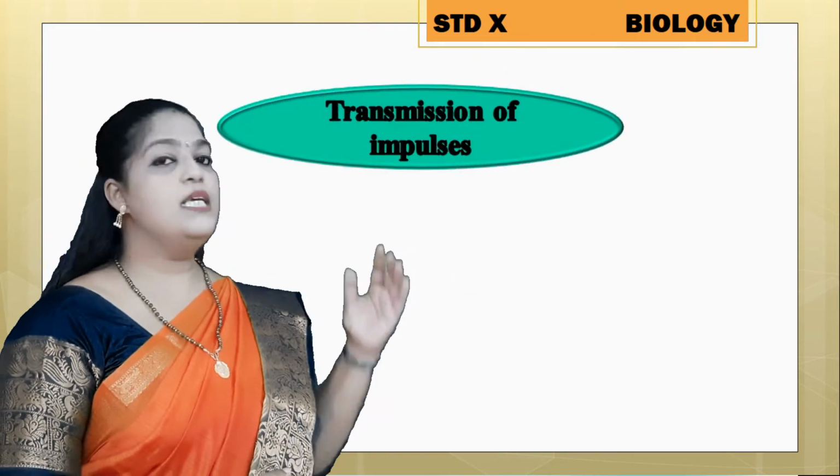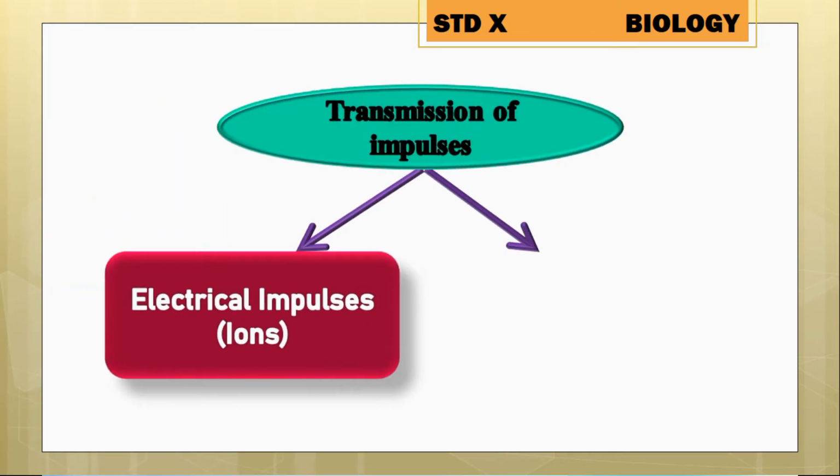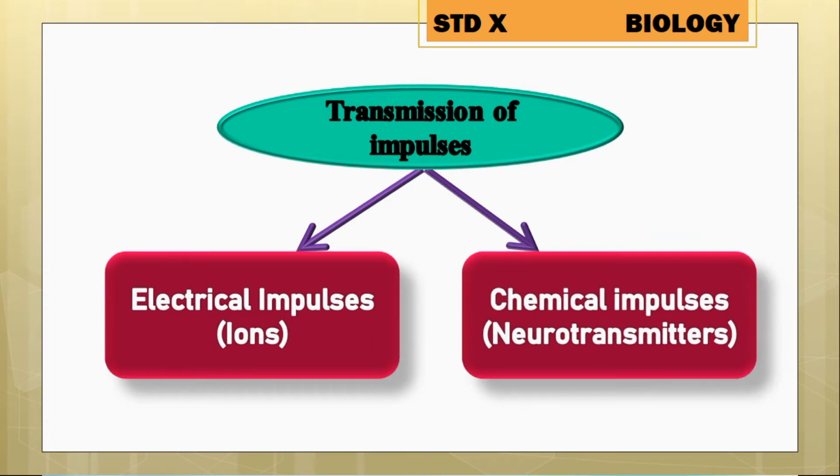Impulses are transmitted through neurons in two ways: electrical impulses and chemical impulses. So transmission of impulses is of two ways: electrical impulses and chemical impulses.